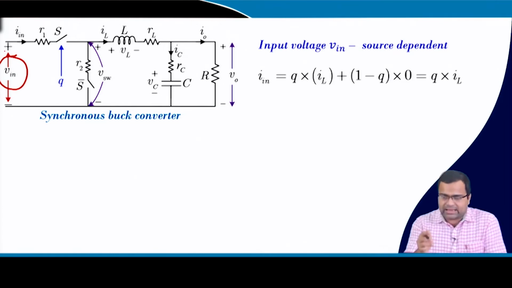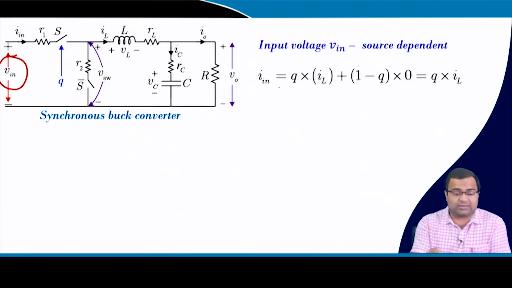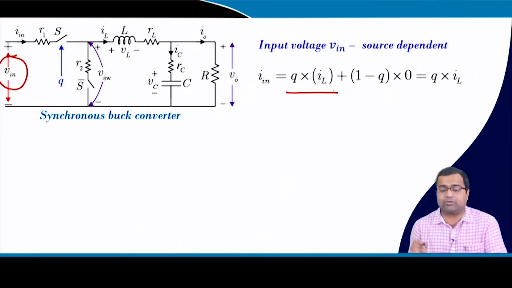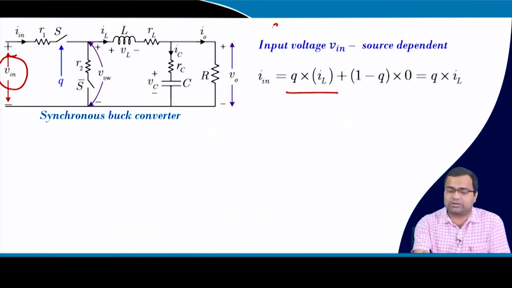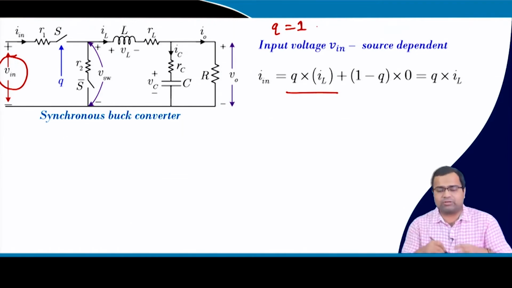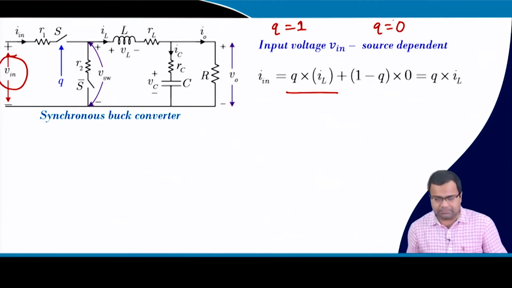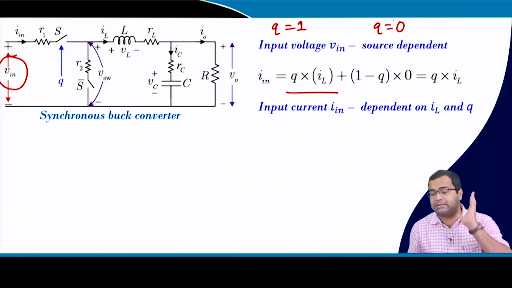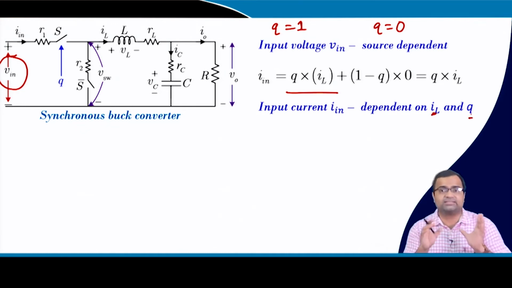Now the input current for the buck converter is the same as the inductor current when the switch is on. That means, when Q equals 1, it is the inductor current, and when the switch is off, that means Q equals 0, it is simply 0. That means there is no current.